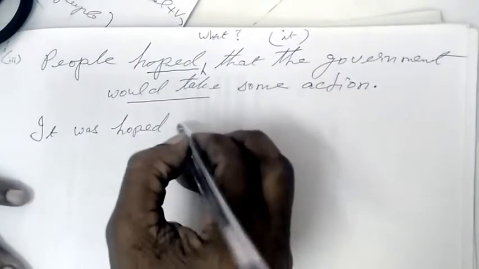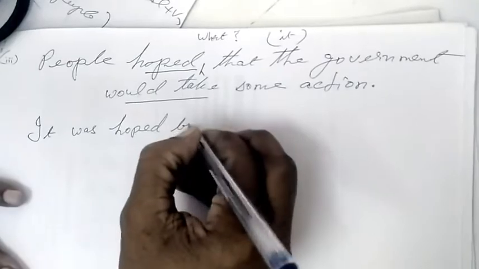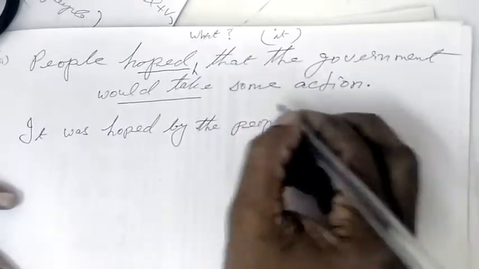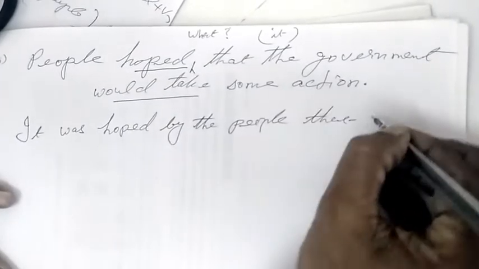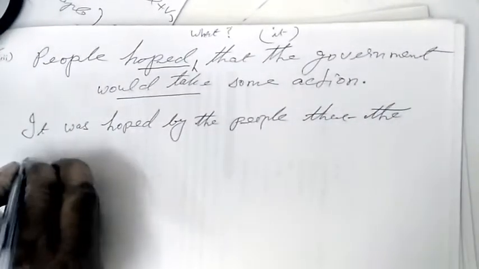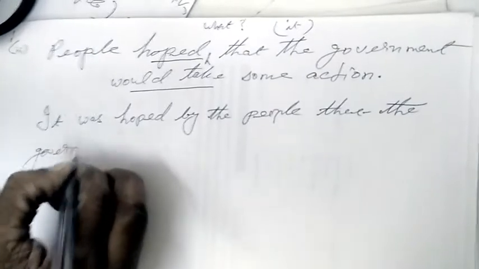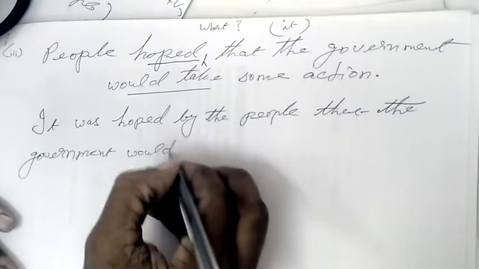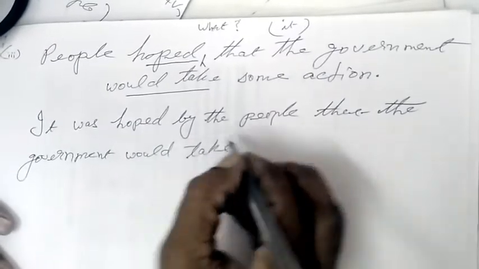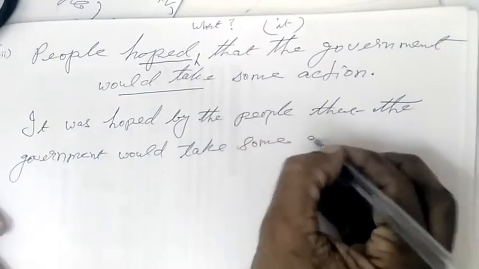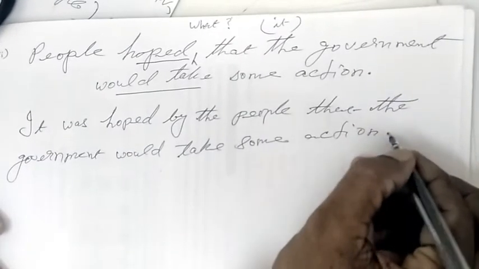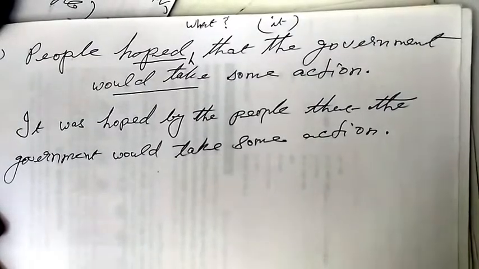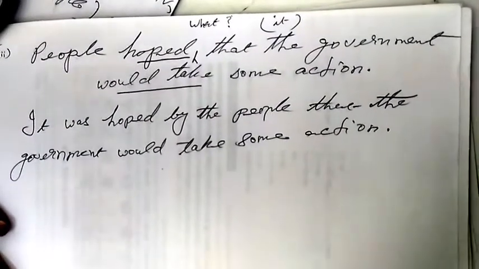That is clear, by the people. It was hoped by the people. Now add on that the government would take some action. As easy as that. It was hoped by the people that the government would take some action.